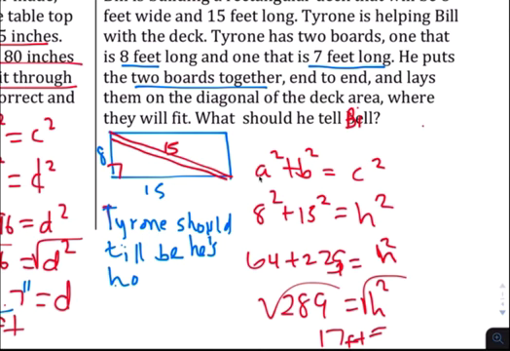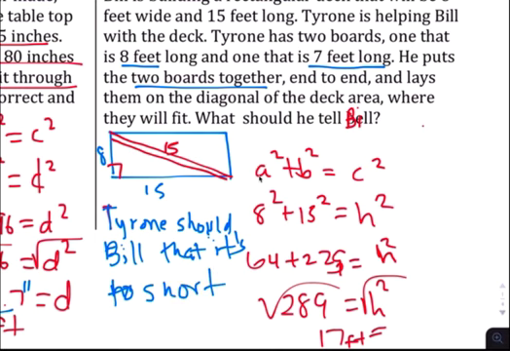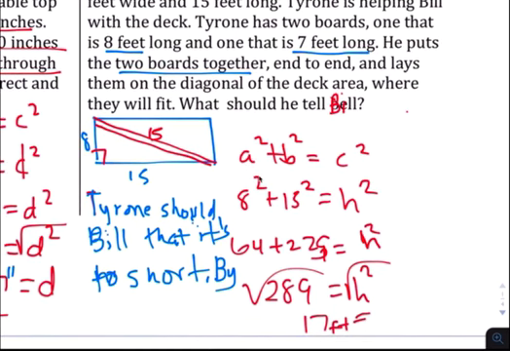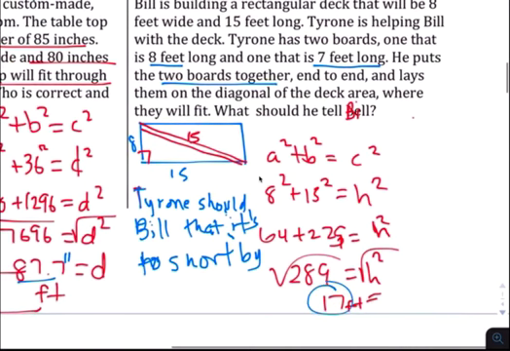Tyrone should tell Bill that it's too short, because you need 17 feet and you only have 2 feet.